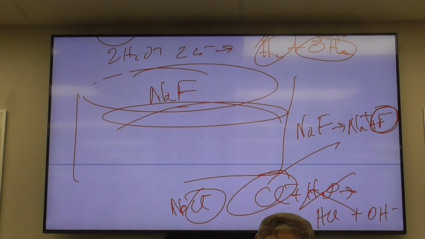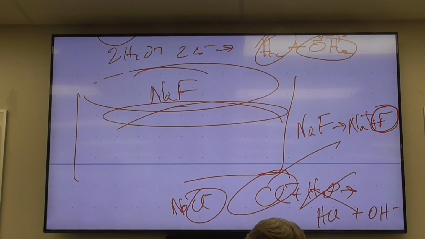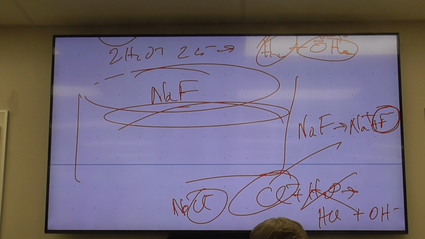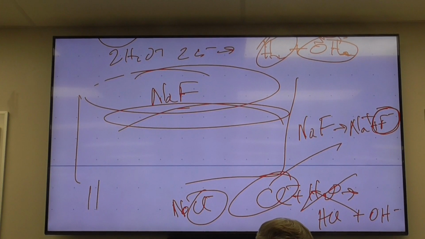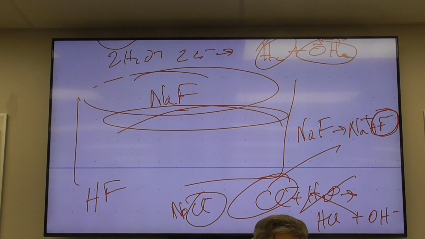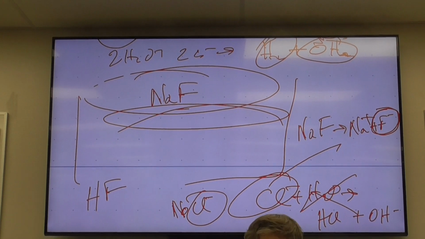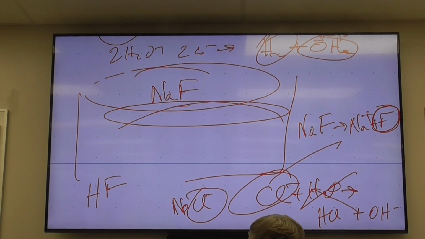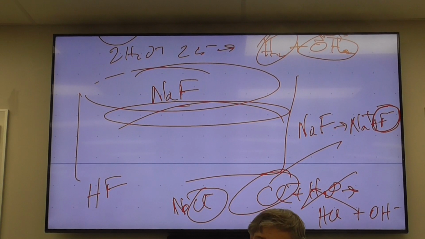Will the fluoride ion react with water? Yeah. Why? Hydrofluoric acid is a weak acid. Can you find the Ka value of hydrofluoric acid? Is the Ka value a big number or a small number?